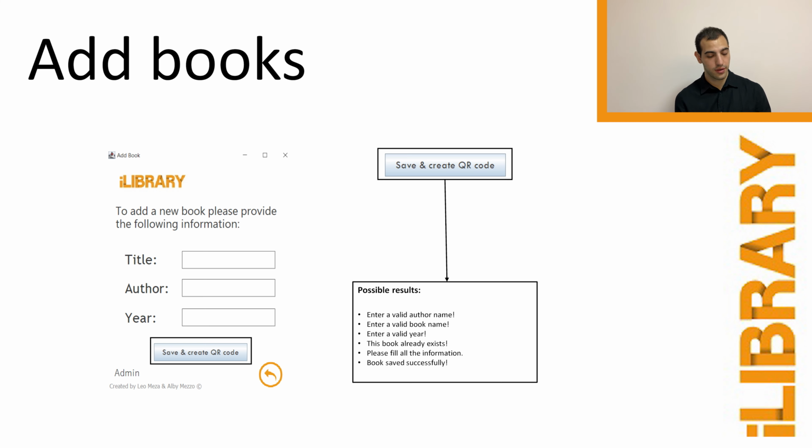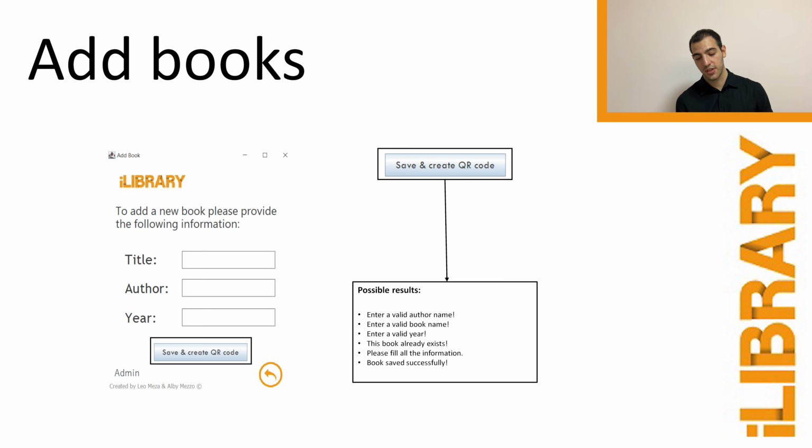Of course, after that we input the title, the author, and the year, we can click on save and create the QR code, where we're gonna have different types of results, such as enter a valid author name if we are not inputting an author name, same for year, same for the name.